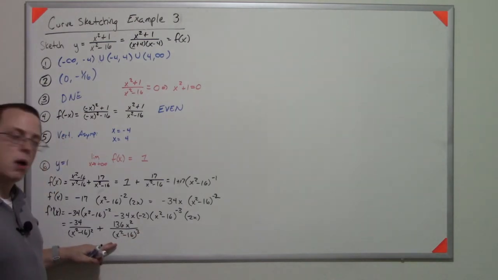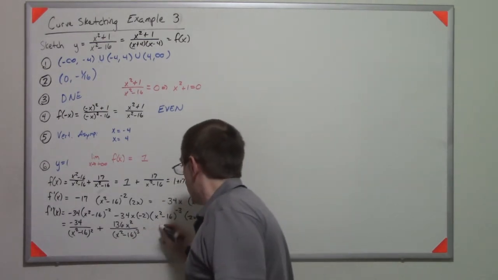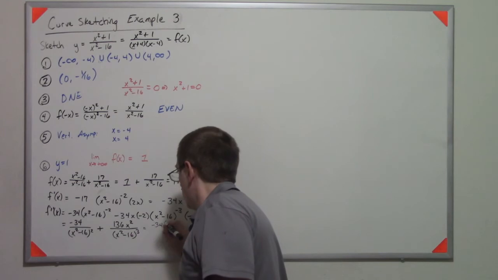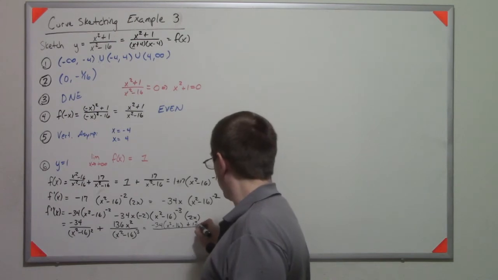So to get a common denominator of (x squared minus 16) cubed, we have to say negative 34 times (x squared minus 16) plus 136x squared.